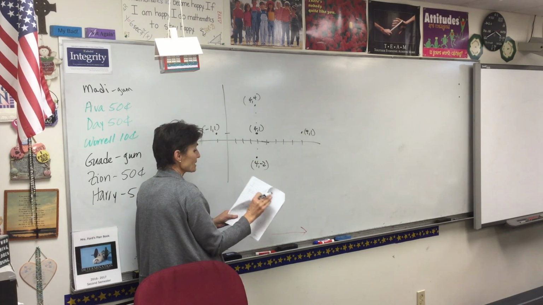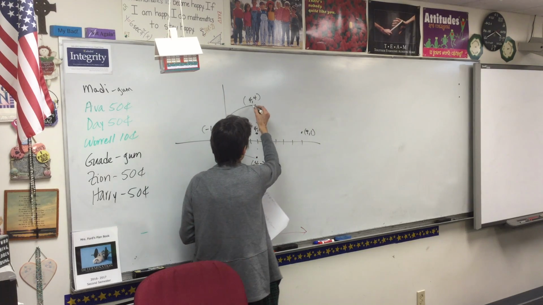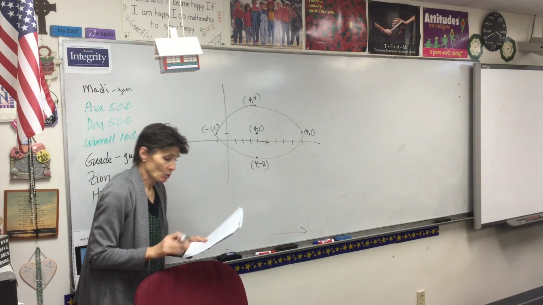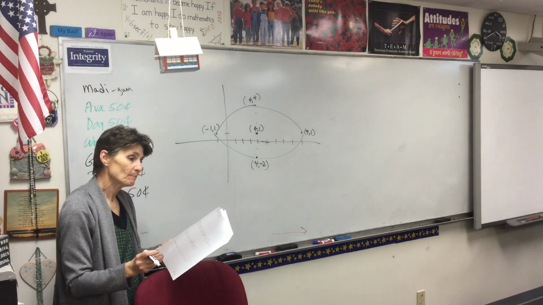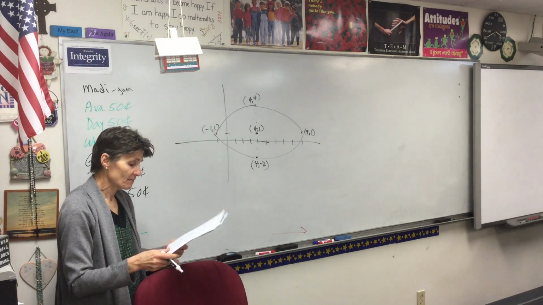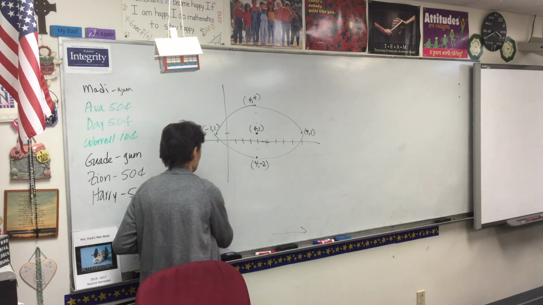We are in the last problem on the back of page 55. We are writing the equation of that ellipse. The last problem on the back of 55 says write the equation of this ellipse.